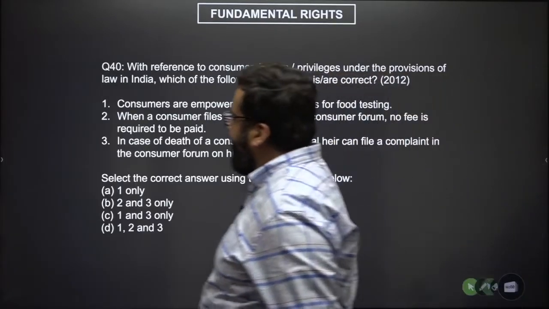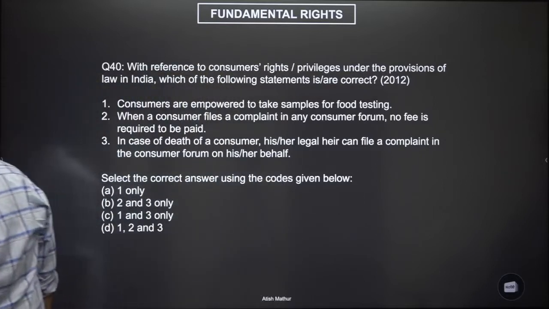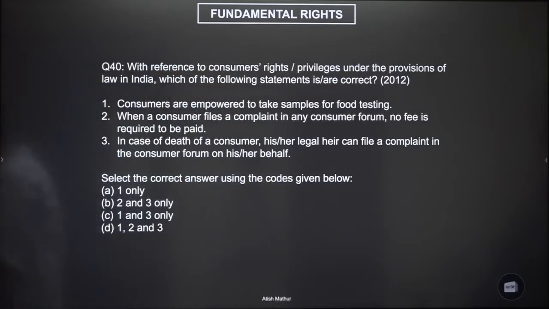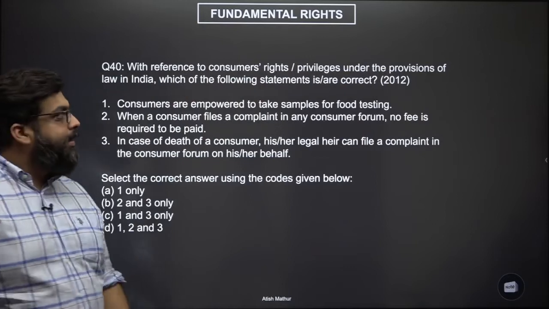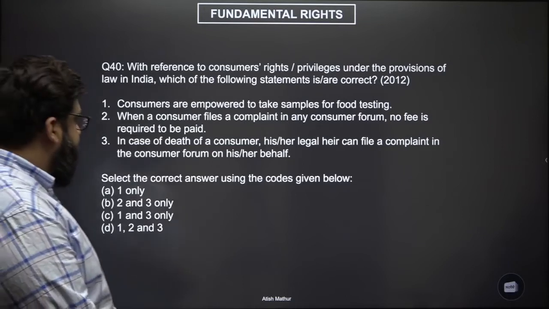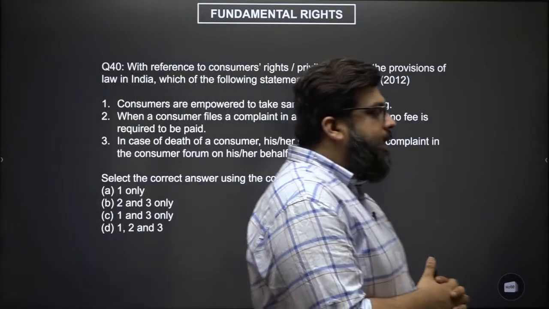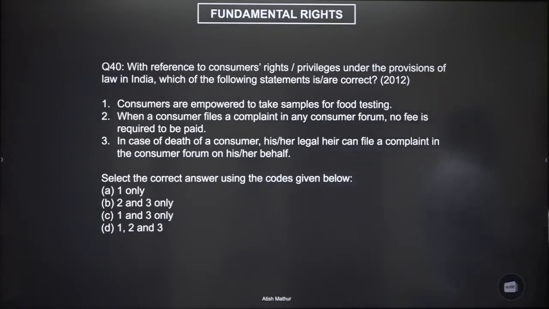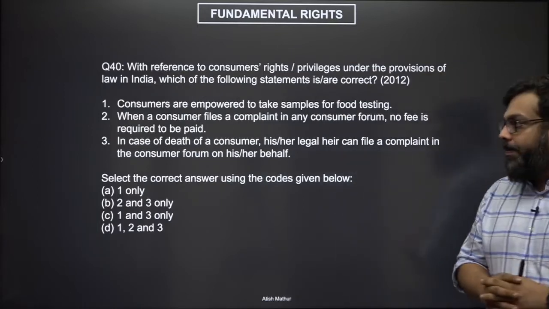Question number 40. With reference to consumer rights or privileges under the provisions of law in India, which of the following statements is or are correct? 1. Consumers are empowered to take samples for food testing. 2. When a consumer files a complaint in any consumer forum, no fee is required to be paid. 3.